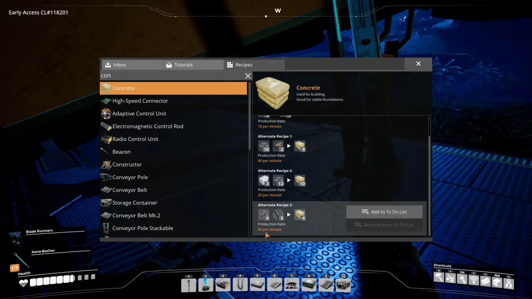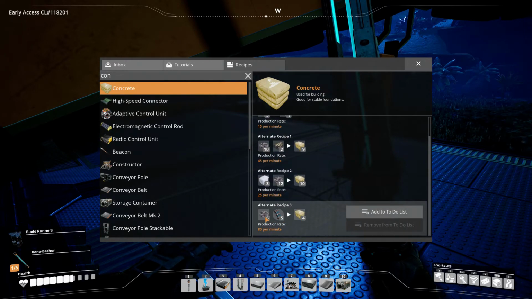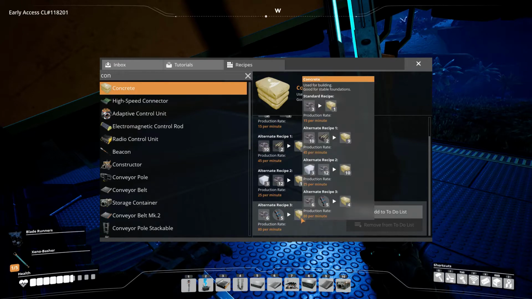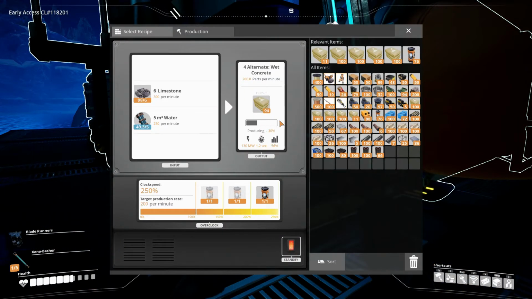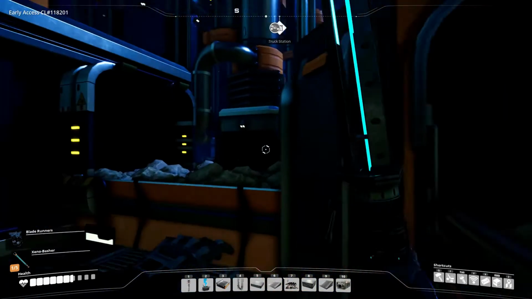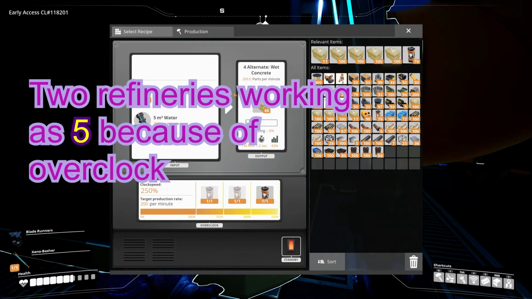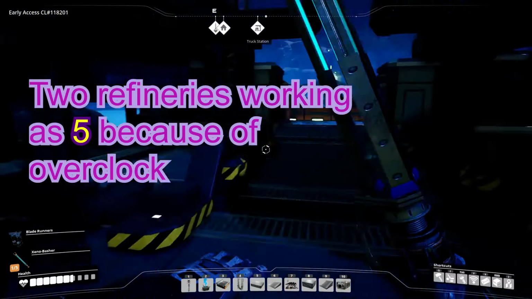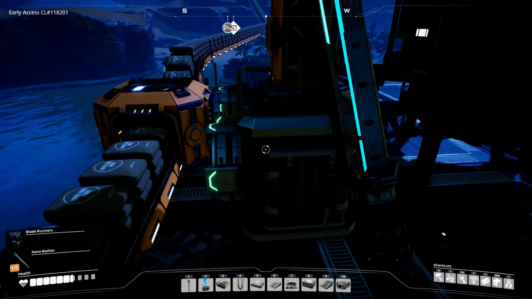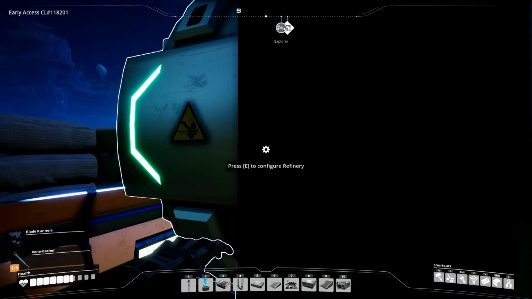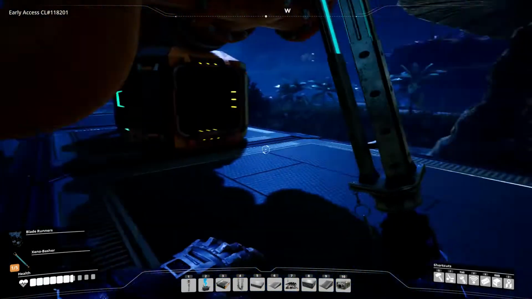But yeah, this is the fastest one, 80 per minute. I think I'm using 2 refineries. Yeah, I'm producing 400 per minute. That's the maximum I can get. Can't get it without getting an extra node involved. This one is disabled. No, it doesn't have an input.